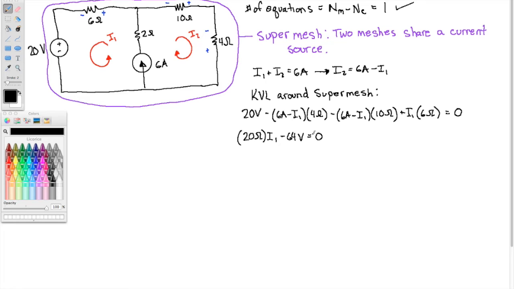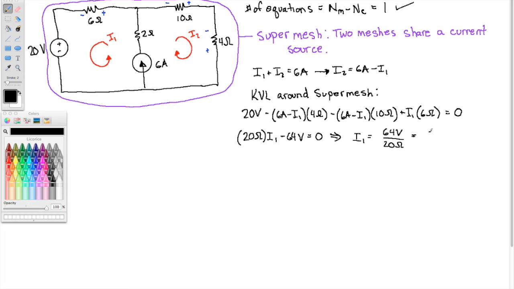Okay, so we can easily solve that. Let's do it. I1 equals, we'll add the 64 volts to the other side, divide by 20 ohms. Alright, and there is, what, a 4 there.